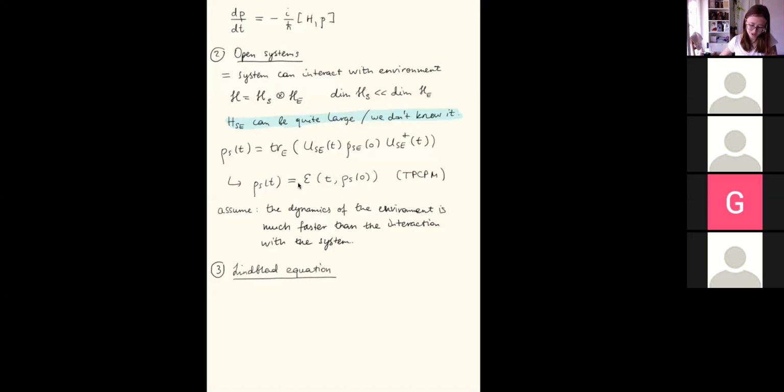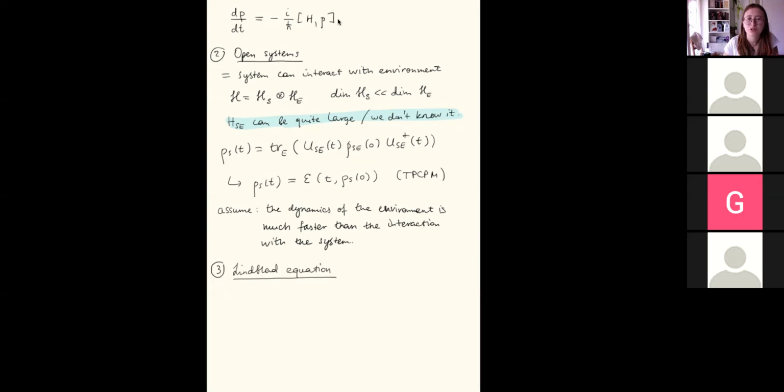The Lindblad equation is essentially just an extension of the Schrödinger equation, but for open systems. So our goal is to write something like the equation we considered in the first part, d rho by dt equals minus i over h bar commutator of rho and H, but taking into account that we're looking at the dynamics of an open system.